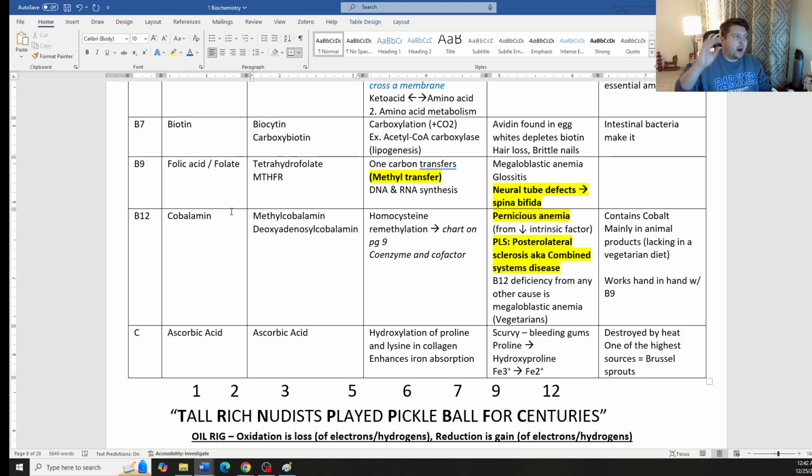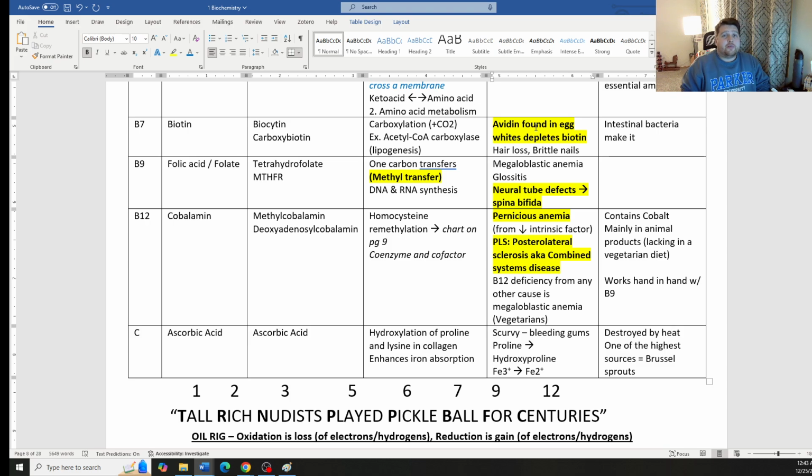B7, biotin, also known as biocytin or carboxybiotin. It does carboxylation, so adding on a CO2. This one is most commonly asked in this specific context, that there is another protein found in egg whites that actually breaks down biotin.